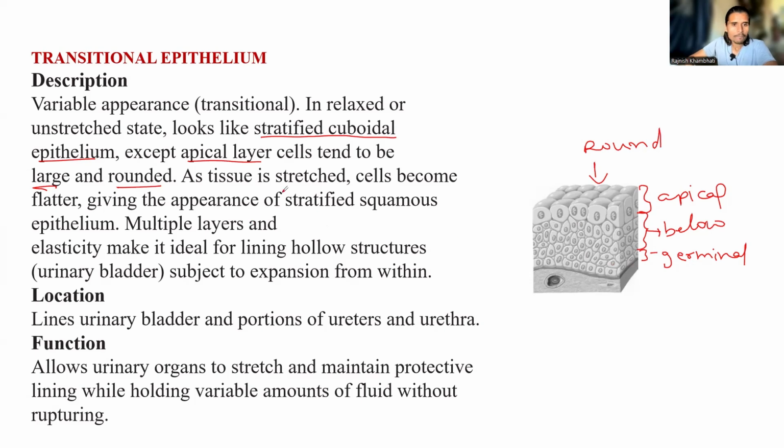As tissue is stretched, if you stretch that tissue like a rubber band, cells will become flatter. The cells become flat because you are stretching it like a rubber band, giving the appearance of stratified squamous. So when you stretch it, it will look like squamous.